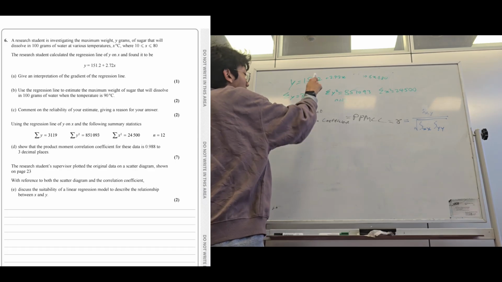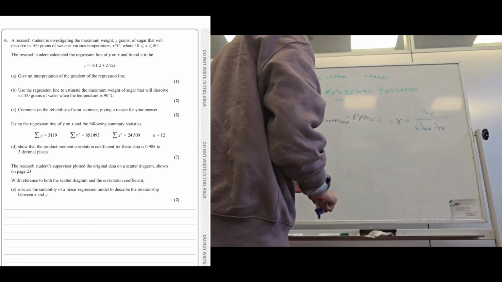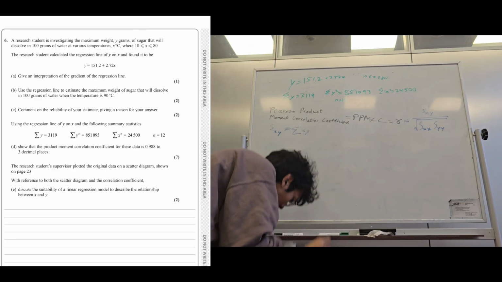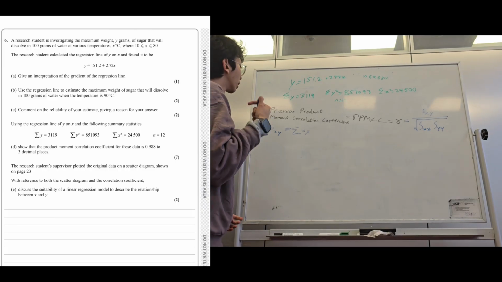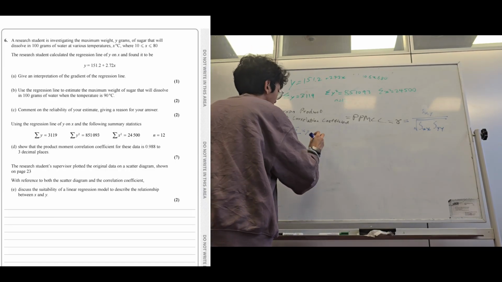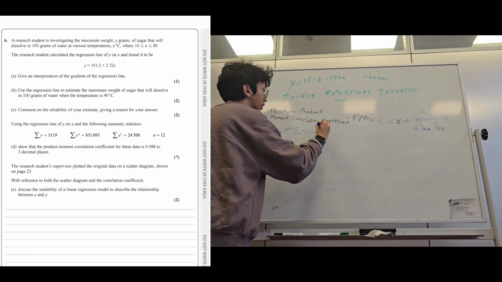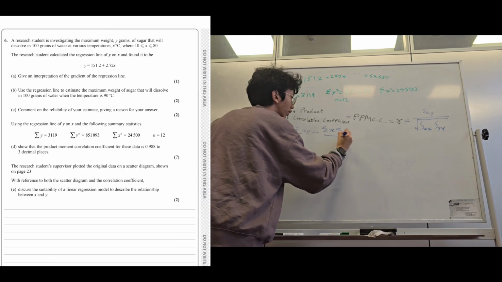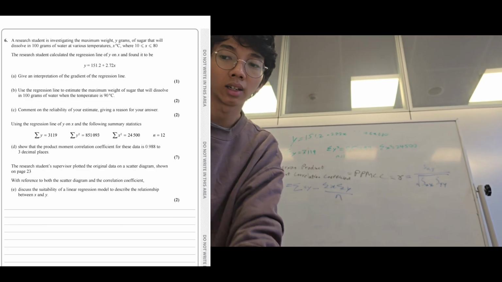We need summation of xy, so we have to find it from the regression line equation. Let me write down the formula first. Sxy is equal to summation of xy minus summation of x summation of y all divided by n. That is our formula.